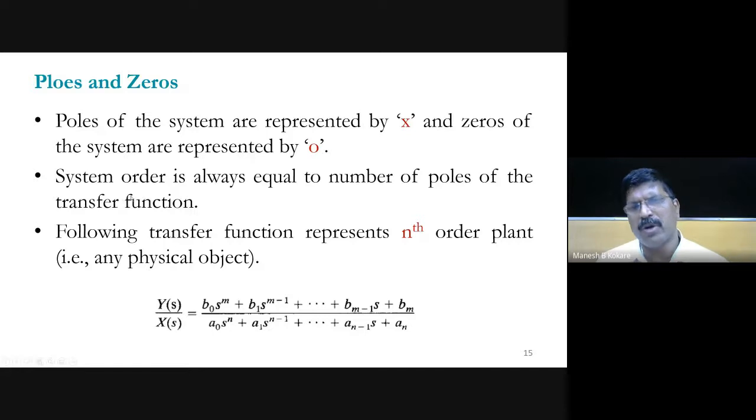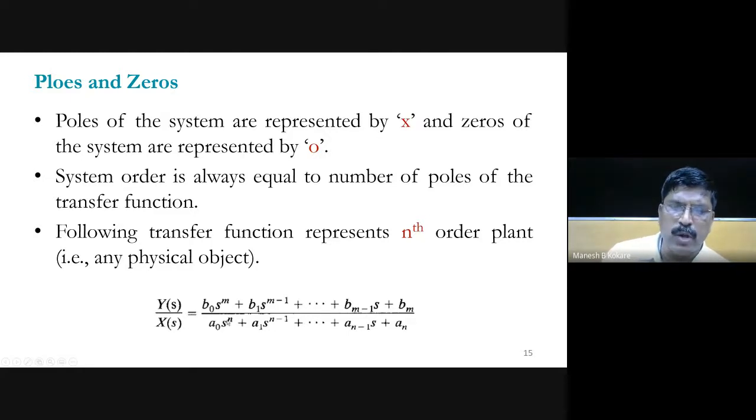System order is always equal to the number of poles of the transfer function. Since poles are associated with the denominator, this n will tell you the order of the system. If n is equal to 5, then that system is considered a fifth order system. If n is equal to 10, it is considered a 10th order system, and so on.